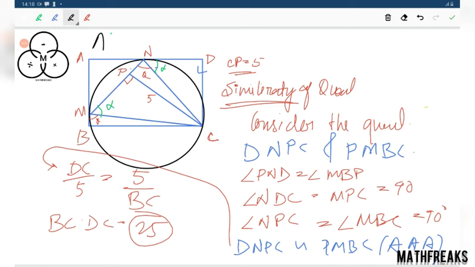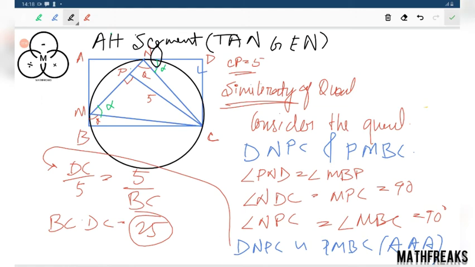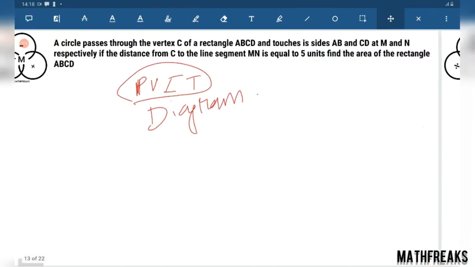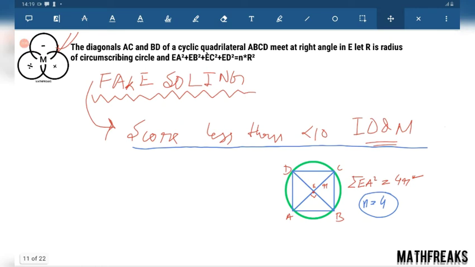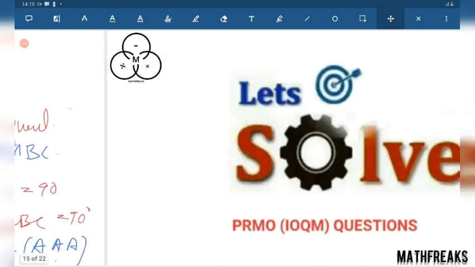So what was the most important thing here? This was the alternate segment tangent theorem for finding this angle alpha and beta. We have seen the applications, almost one of a kind for everyone.